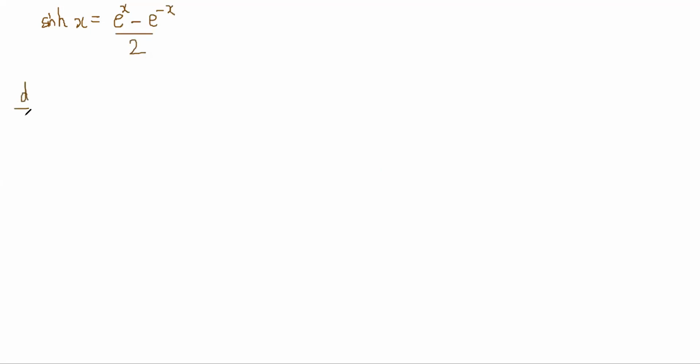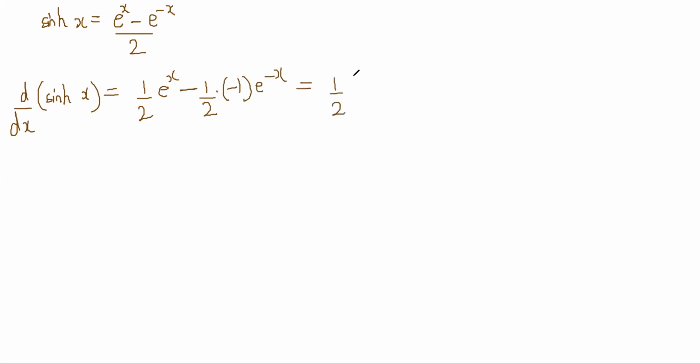If I differentiate this with respect to x, I should get half e power x minus half into minus 1 e power minus x, right? It becomes half, e power x plus e power minus x, right?